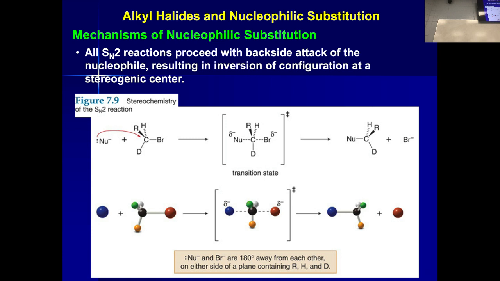So, assign the stereochemistry to it for me. How would we assign the stereochemistry? Is it R or is it S? It is S. How did you determine that?